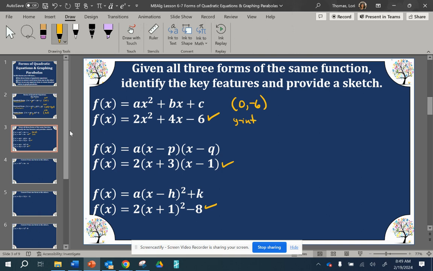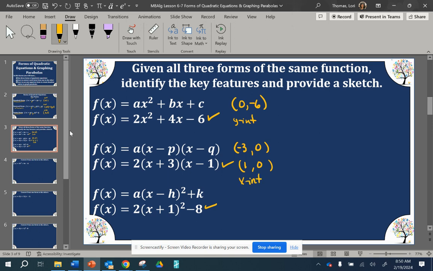In factored form, we are provided our x-intercepts. Remember, not all quadratics pass through the x-axis and may not have any zeros or x-intercepts. So one x-intercept is (-3, 0), and our larger x-intercept is (1, 0).